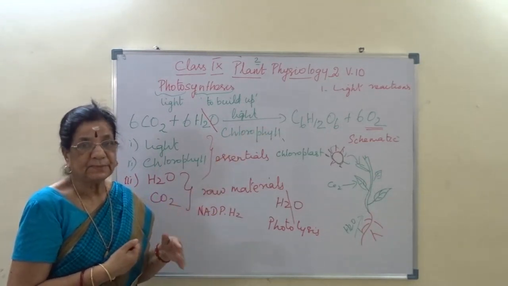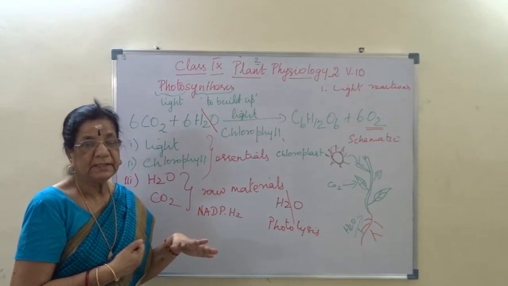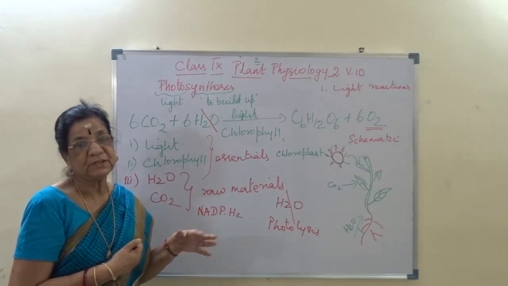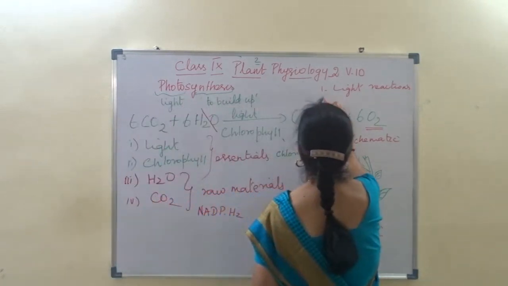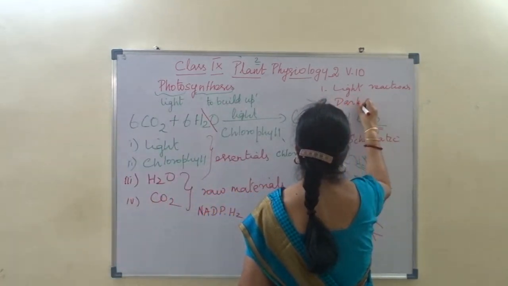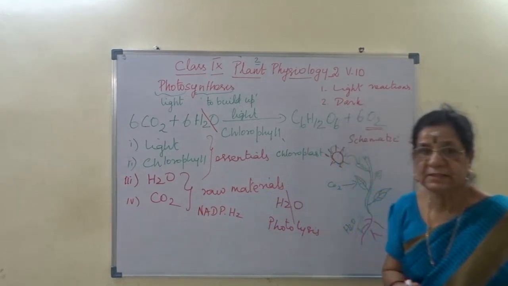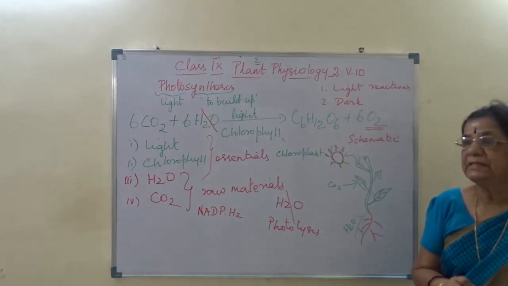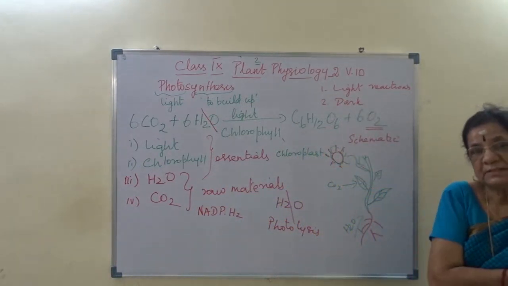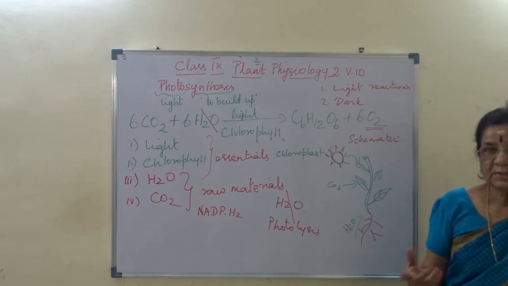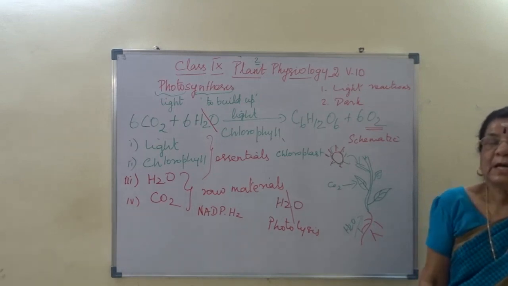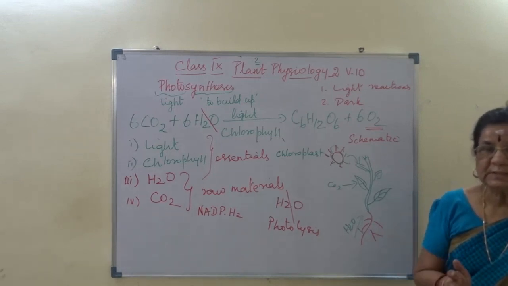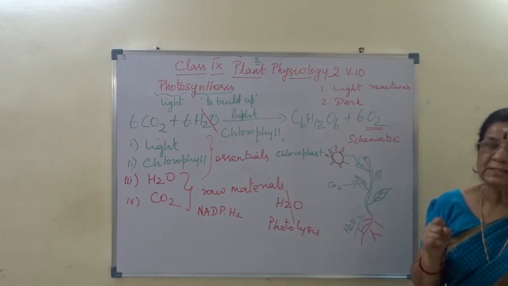This takes place throughout the day and night, in the presence or absence of light, so it is called the dark reaction. Light reaction takes place in the presence of light. In the dark reaction, carbon dioxide is reduced to glucose, and that glucose on further synthesis forms starch.